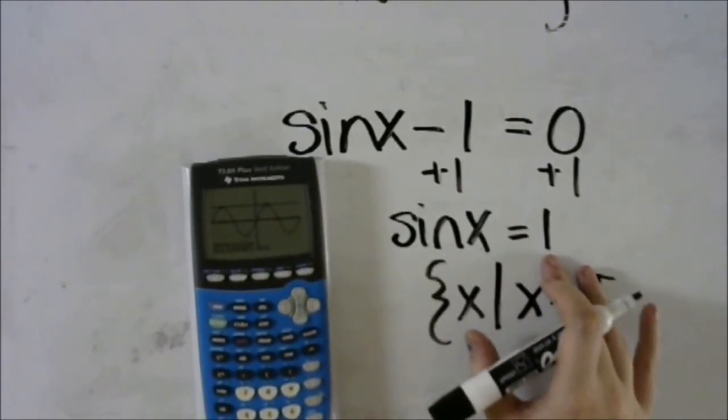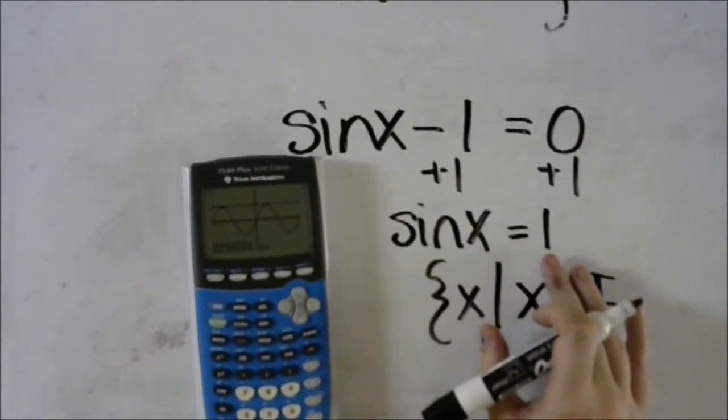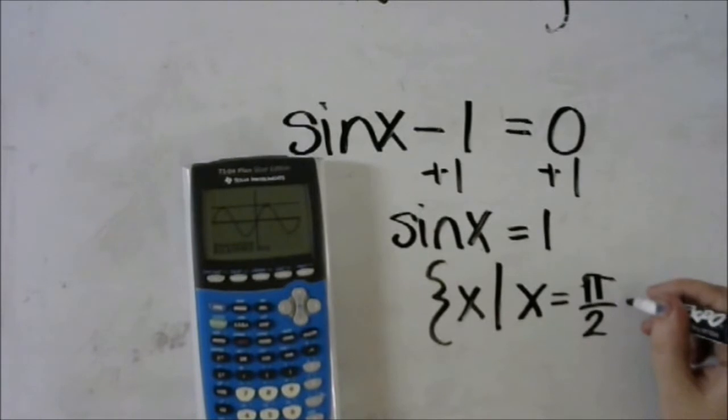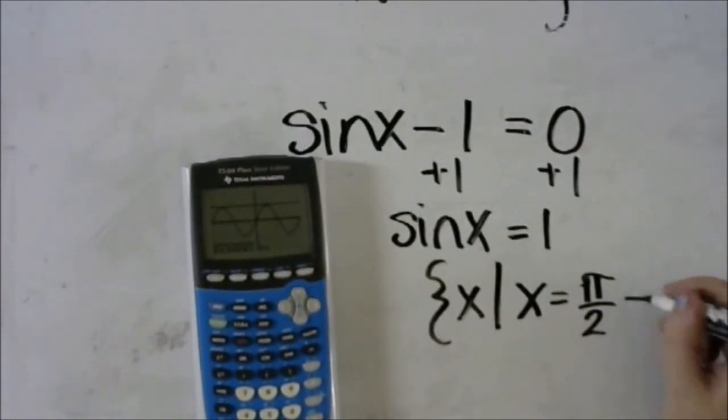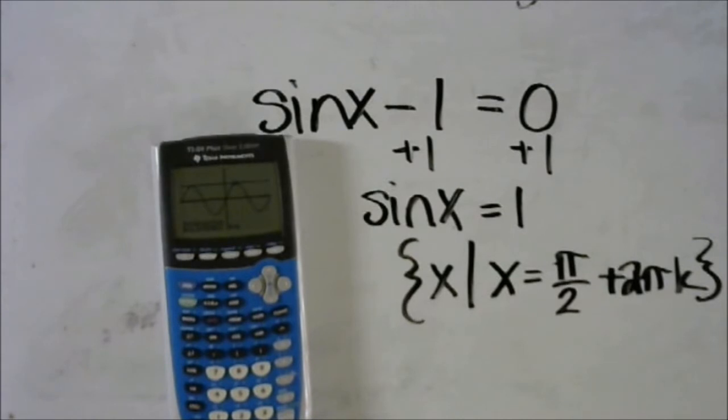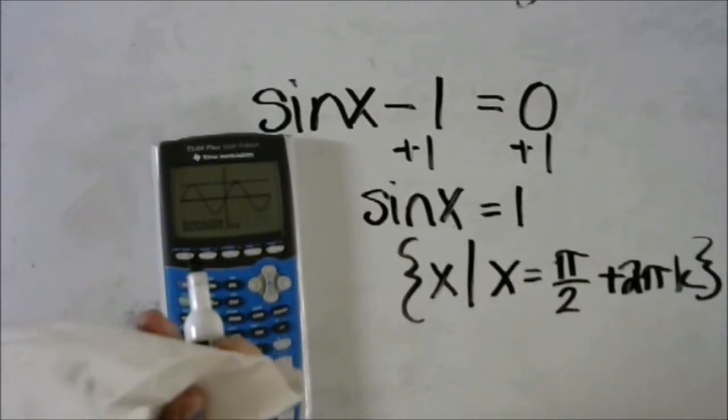The answer is no. Sine is only equal to positive 1 once every rotation, which means the next answers are 2 pi away from the first. And that's how we solve an equation. Let's try another example.